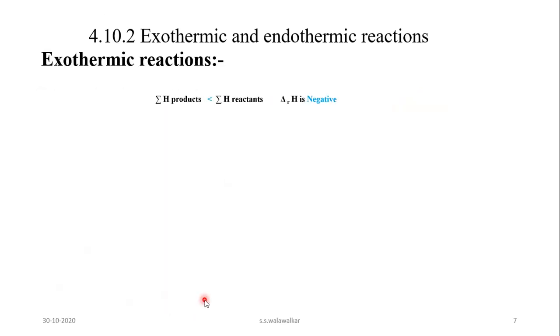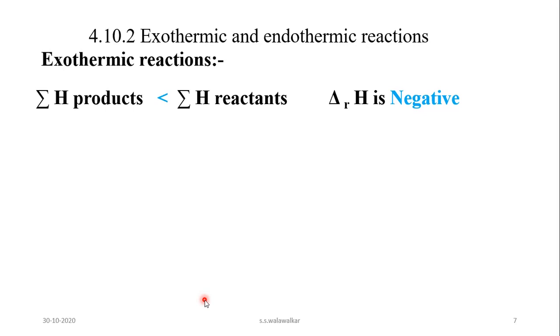Now, another case, when the total enthalpy of products is less than total enthalpy of reactants. That means enthalpy of reactants is more than enthalpy of products. Then delta HR, the enthalpy of reaction, is negative.